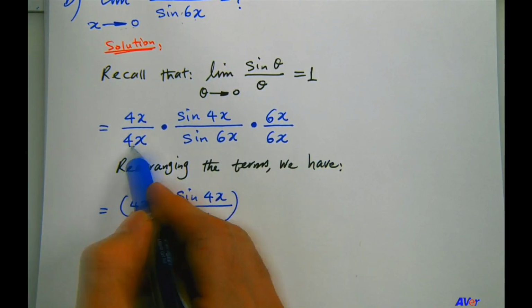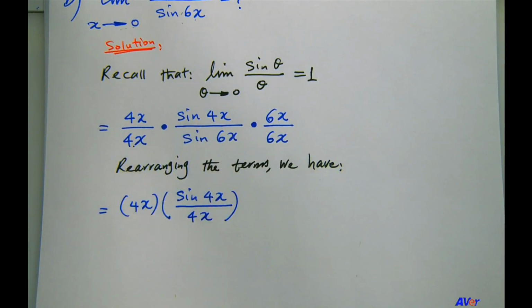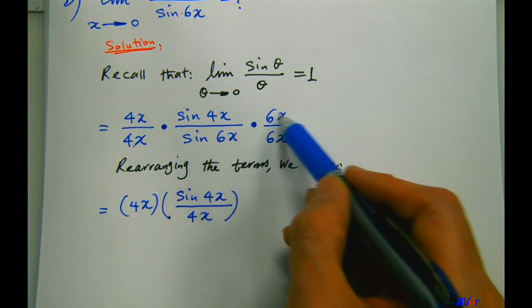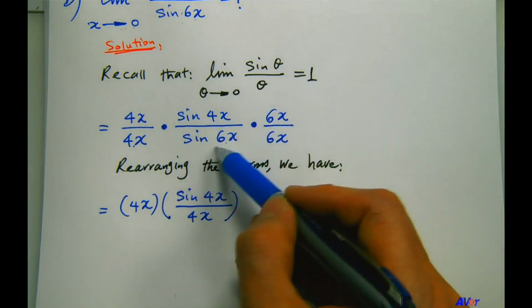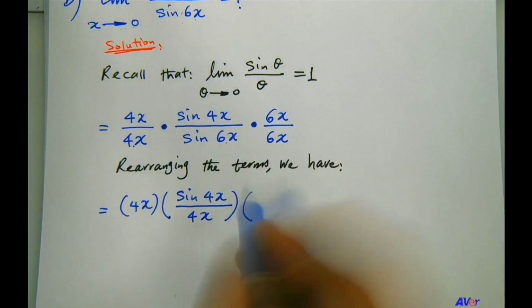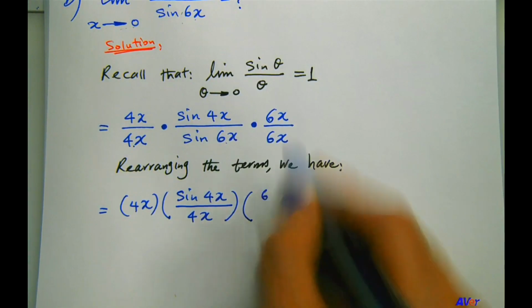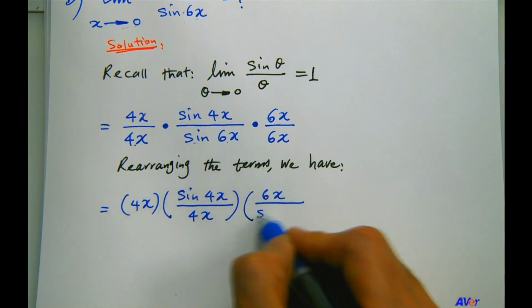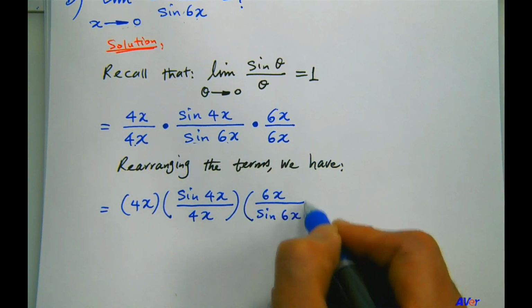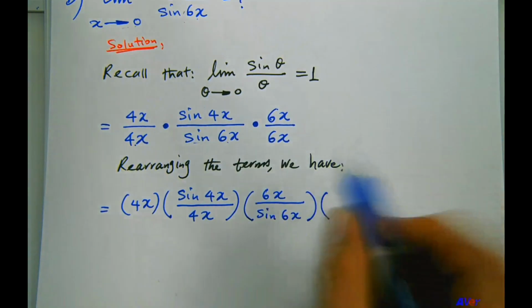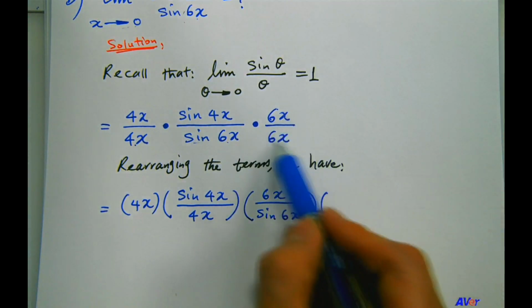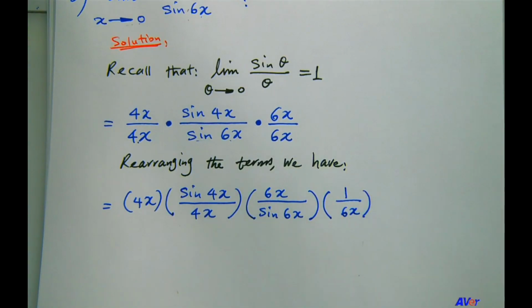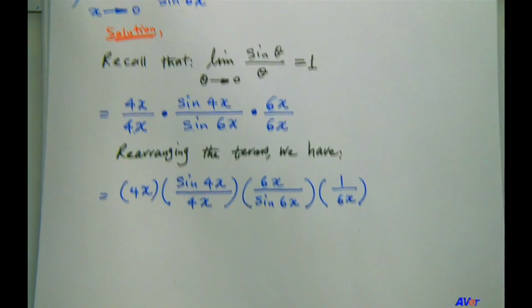So we just put this underneath this. Then let's put these 6x and sine of 6x terms together. We can write 6x, that term, divided by this denominator, right? Times, what are we left with? 1 over 6x, right? 1 over 6x. Okay? Like that.